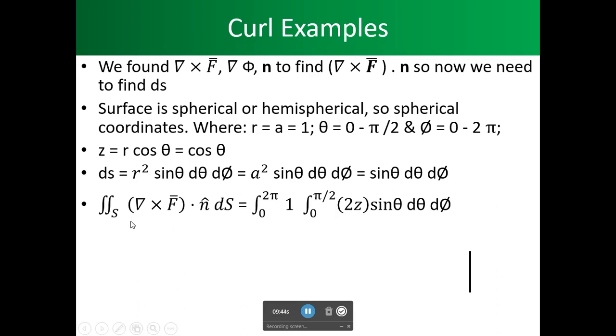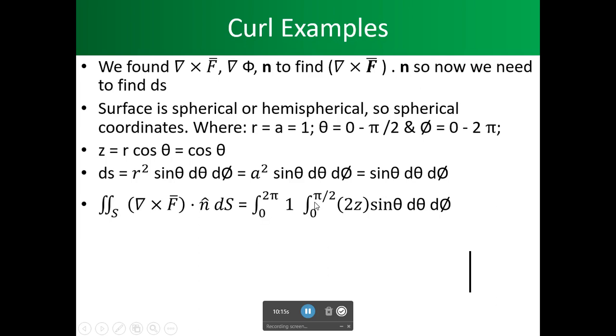Okay, so the next thing we have here is that we're going to take this specific function and multiply it. We're going to take the dot product, as we saw. We already have the dot product, so all we're doing now is applying this result of our curl and gradient times our surface area.